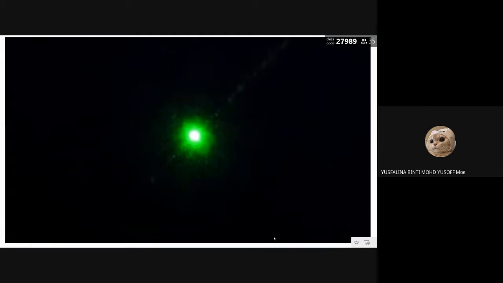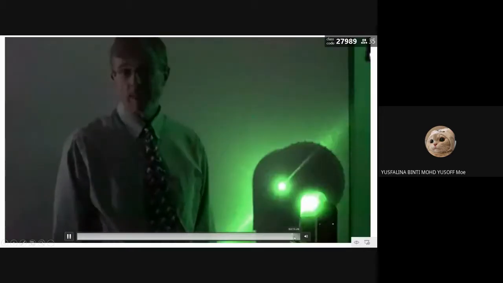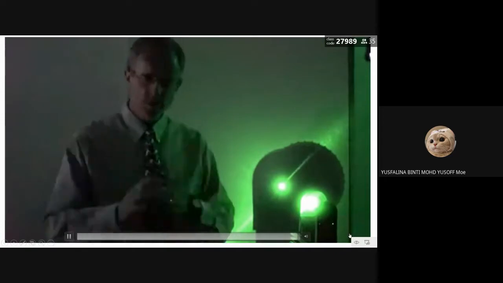This is a smaller aperture. The earlier aperture was 0.2 millimeters, and this is 0.4. It may or may not be visible on the camera. It's a very, very small diffraction pattern from that circular aperture. So that is what diffraction patterns happen when you pass light through single slits and circular apertures, right?